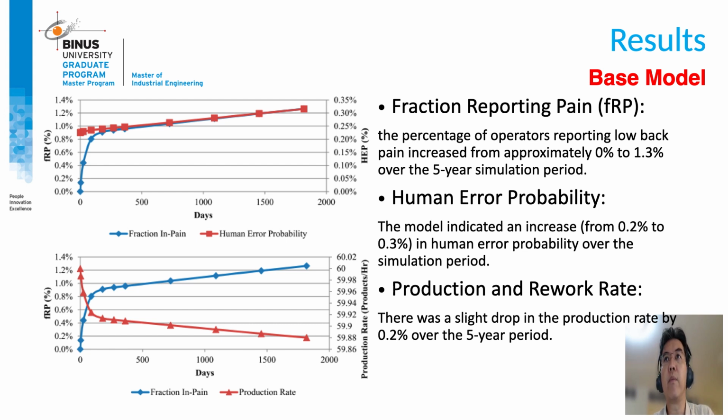This is lower than the prevalence reported in the literature, which ranges from 7 to 15%. On human error probability, the model indicates a 40% increase over the simulation period. For production rate, there was a slight drop of 0.2% over the 5-year period.